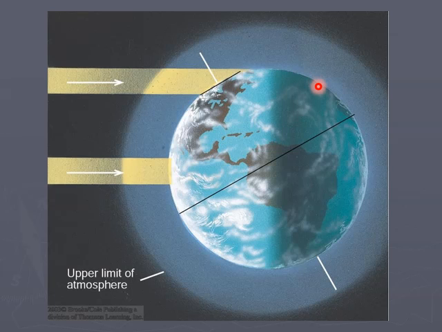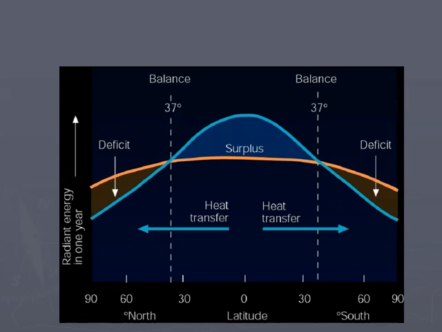Less energy per unit area usually correlates to lower temperatures. So this is why we have seasons on the Earth. If the Earth's axis was pointing straight up or down, we would have no seasons. We'd have the same weather year-round. But in our case, it's tilted, so we get our seasons. Another effect, which I think we've seen before in the energy budget, is that the equator has a surplus of energy over a full year, where the poles have a deficit of energy.